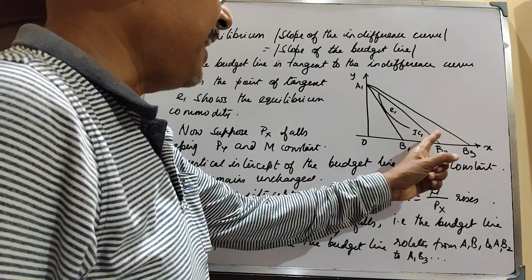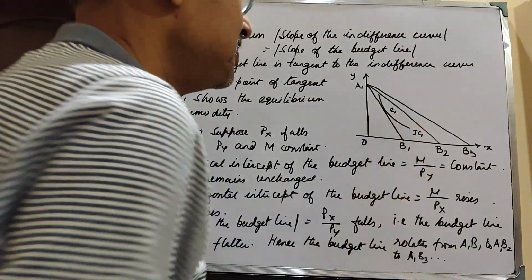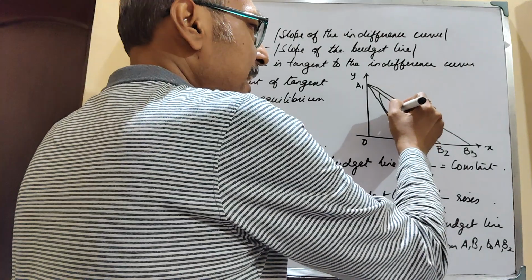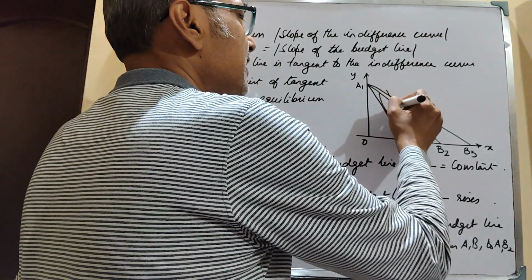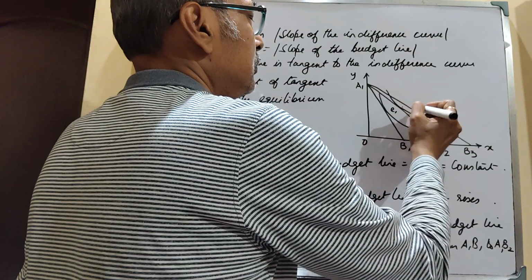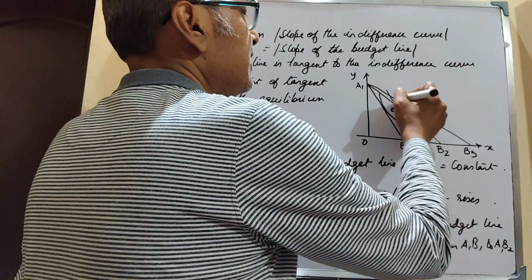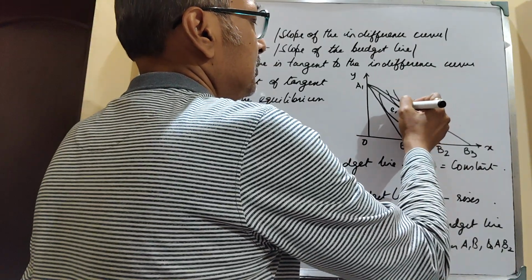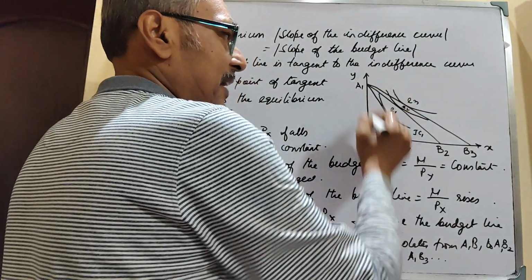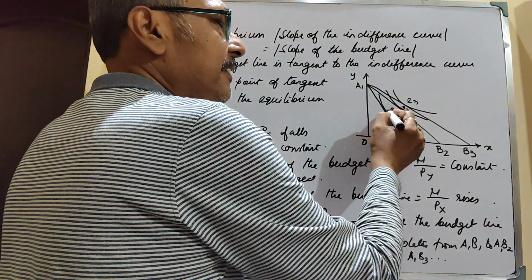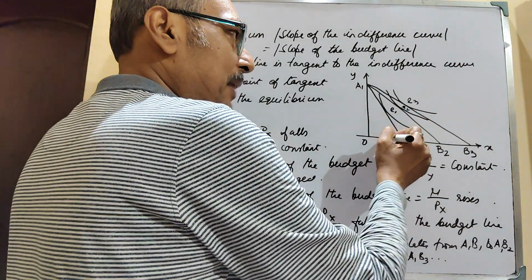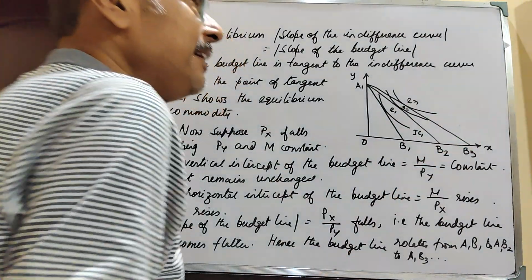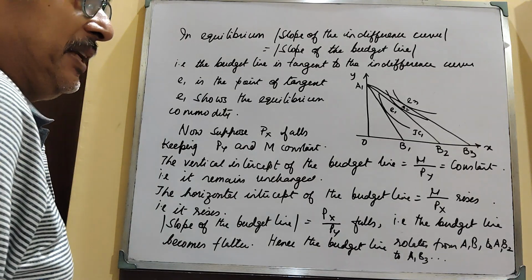These are the straight-line budget lines. Now we get the corresponding equilibrium points. Suppose this is E2 and this is E3. From E1 we get an equilibrium commodity bundle, E2 is an equilibrium commodity bundle, and E3 is another commodity bundle in equilibrium.